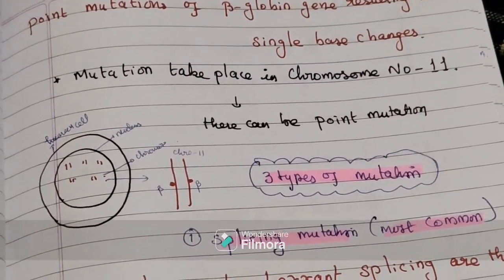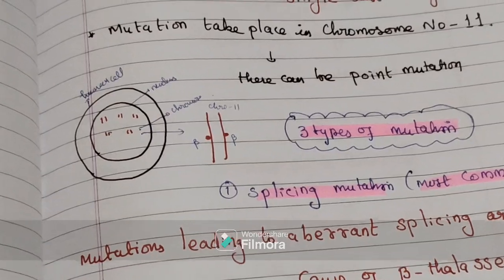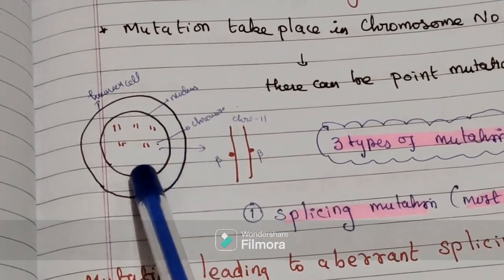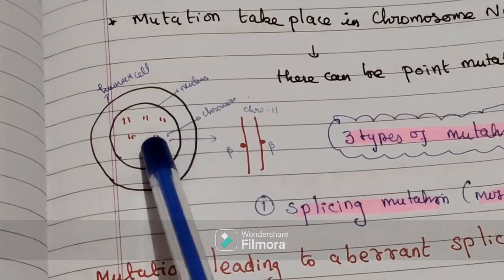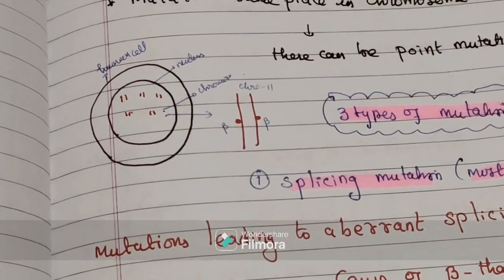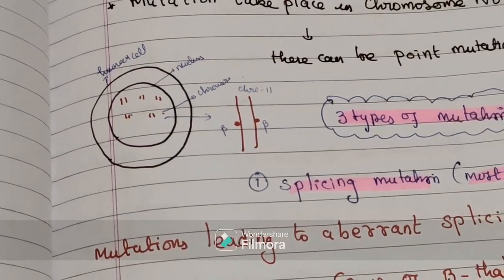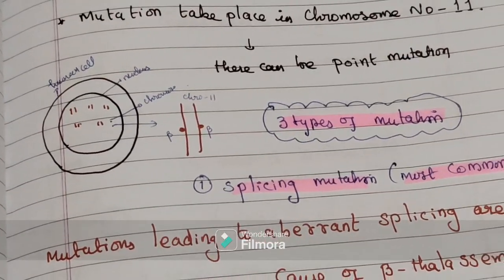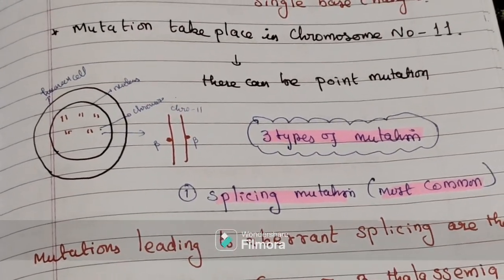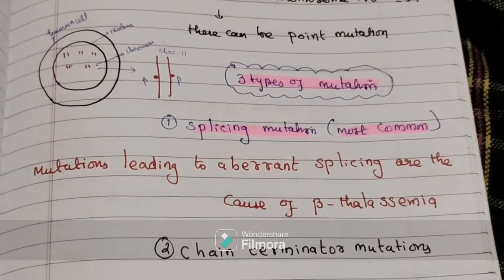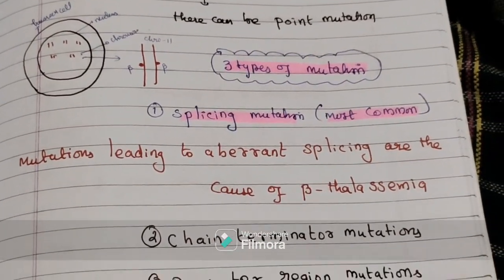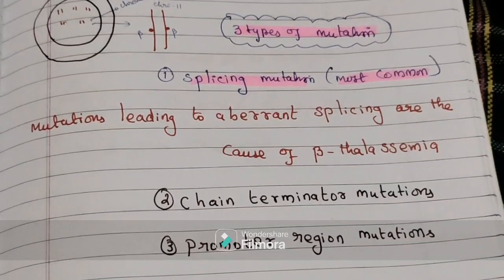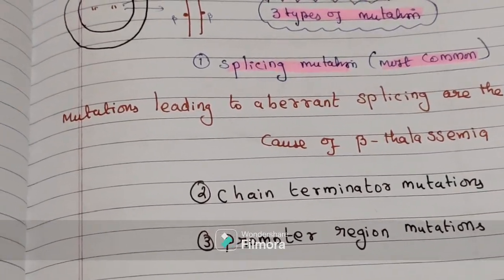On chromosome number 11, there can be point mutation. This one is the human cell. It has a nucleus, it has chromosomes. On chromosome number 11 there can be a splicing mutation, or a termination mutation, or a promoter mutation.